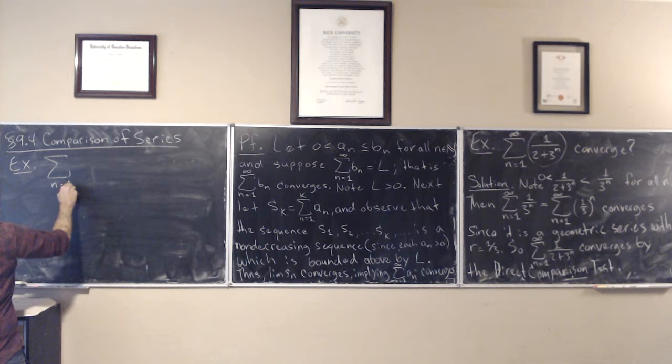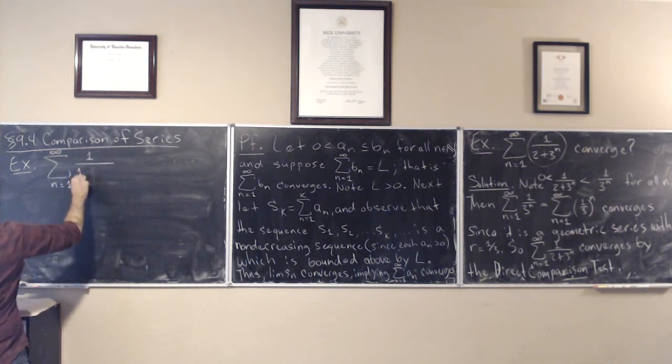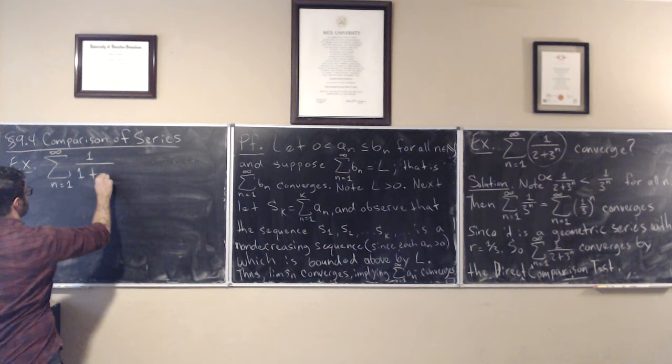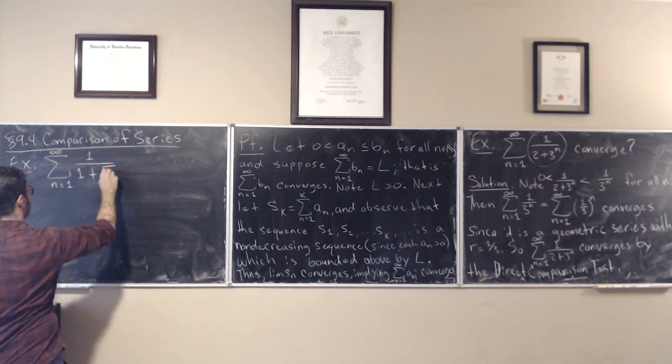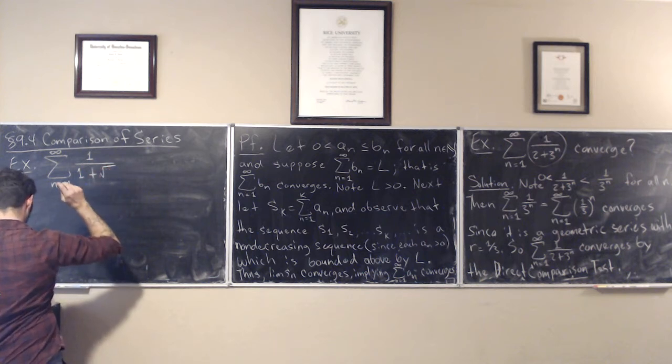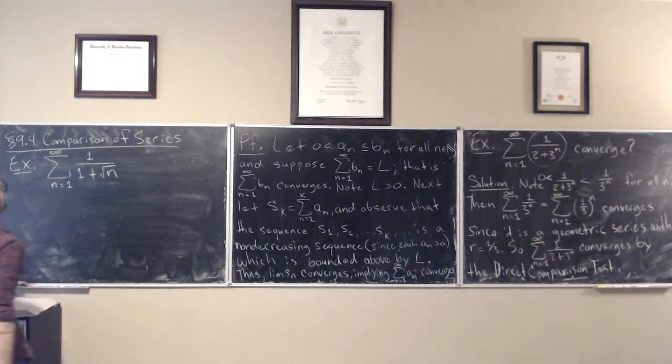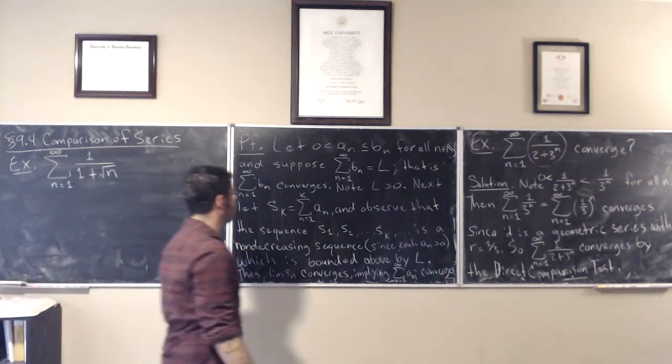So the sum from n equals 1 to infinity of 1 over 1 plus the square root of n. Okay.